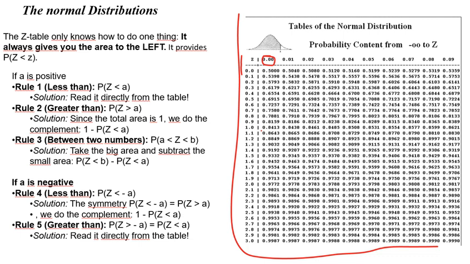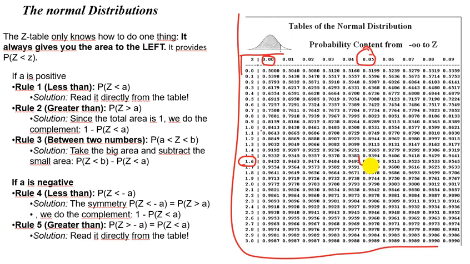Now imagine I found z equals, for example, 1.65. So first I check the first column. Here I have 1.6. We said 0.65, so I need to check the first row here, 0.05. So I have 1.65, and where they cross each other, this is my probability.